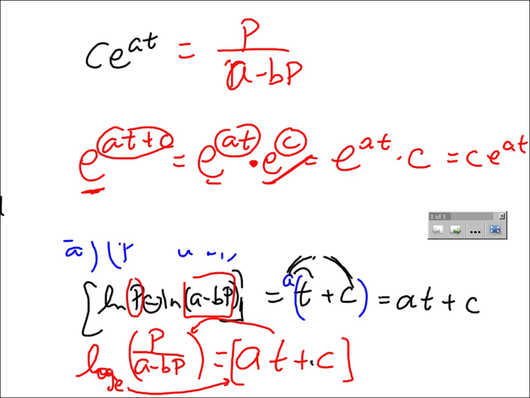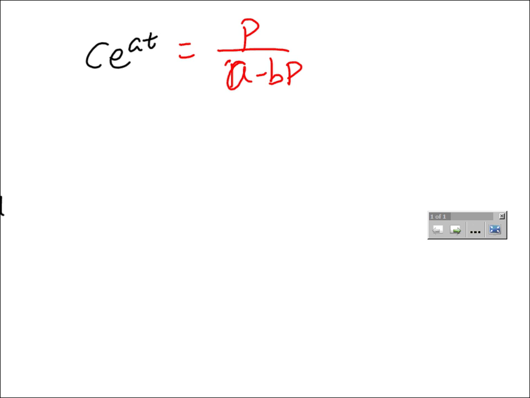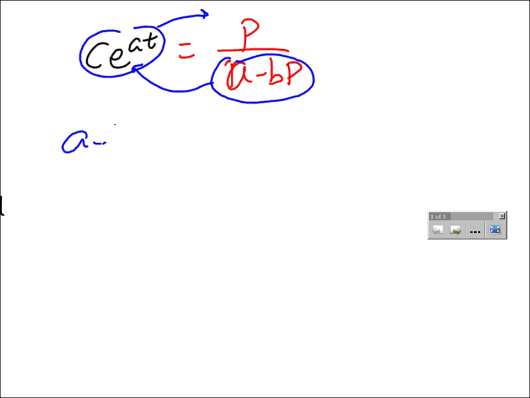Now our goal is to solve for p. We want to integrate and say what p is. Well, we know one thing, this times this equals the top. a minus bp times c e to the at is equal to p.